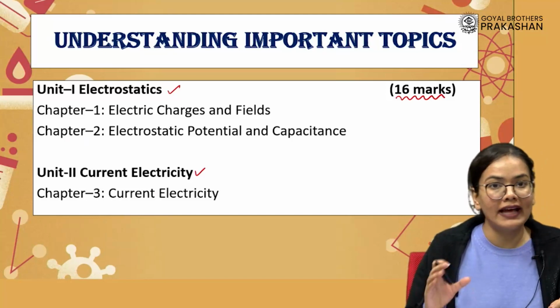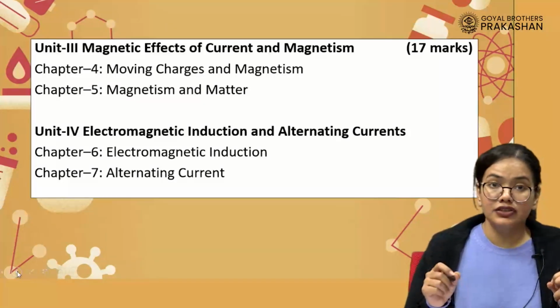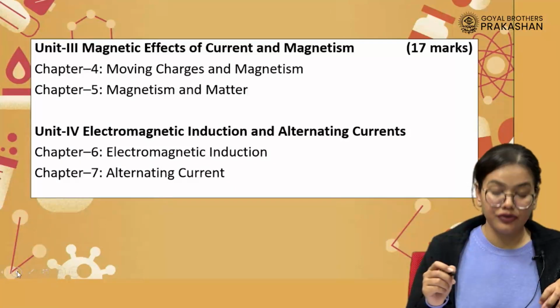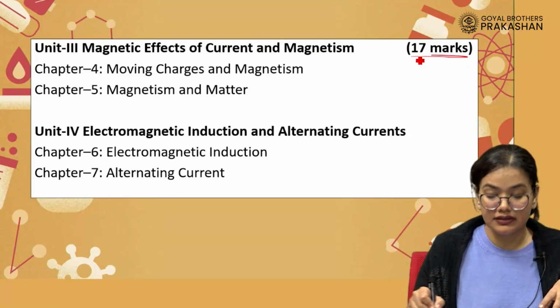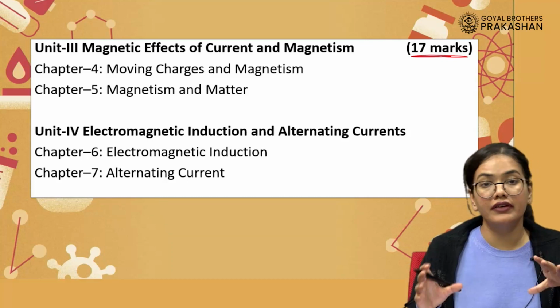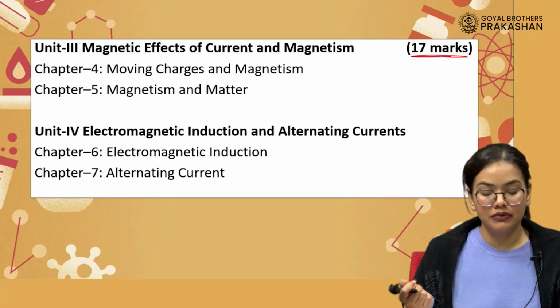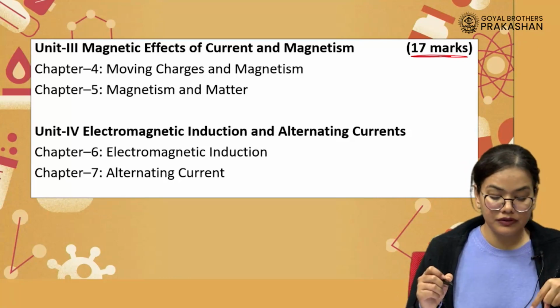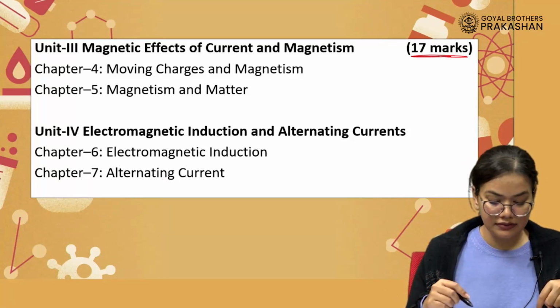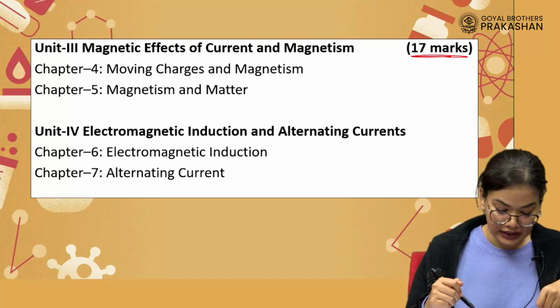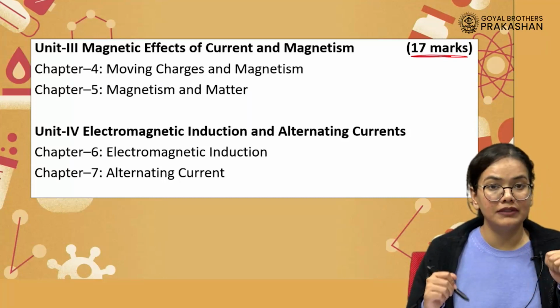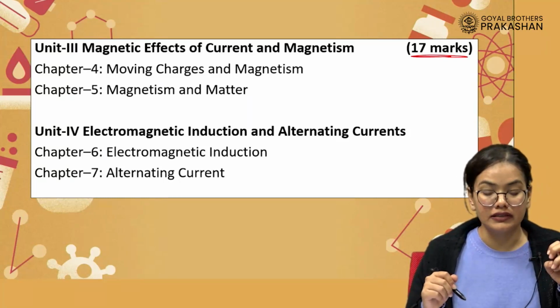Next, your unit 3 and unit 4 carry 17 marks. This is a very heavy weightage, and these are certainly big chapters also. These include chapter 4, moving charges and magnetism, and magnetism and matter, then chapter 6, electromagnetic induction, and chapter 7, alternating currents.